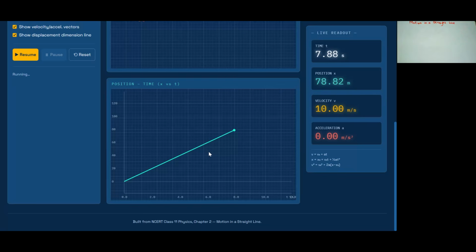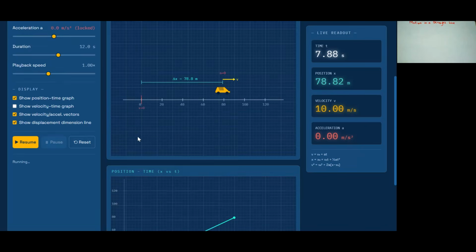Since our graph is one straight line with no bends, its slope is the same everywhere, which is exactly why instantaneous velocity equals average velocity throughout the uniform motion.